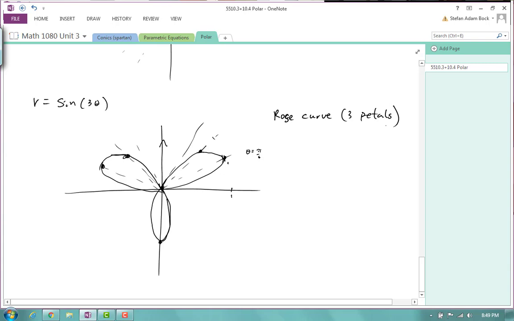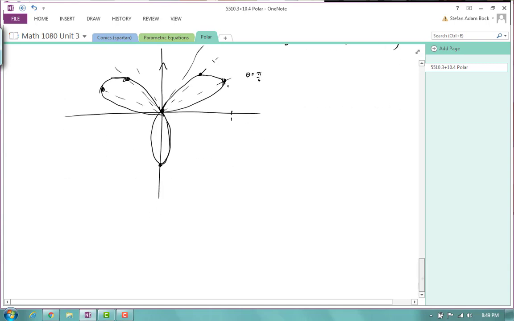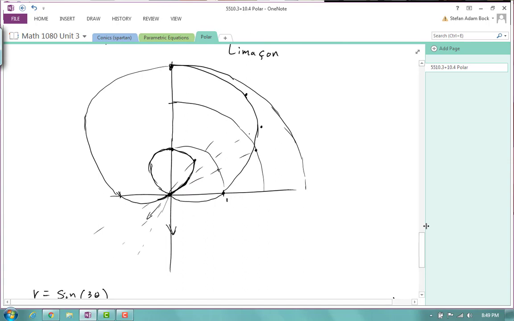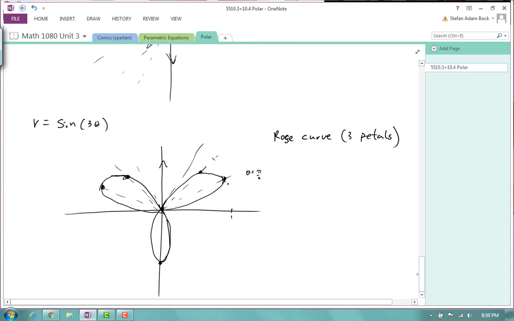And in general, actually let me make a remark. The limacon had a period of 2 pi, but this rose curve I just did had a period of pi.